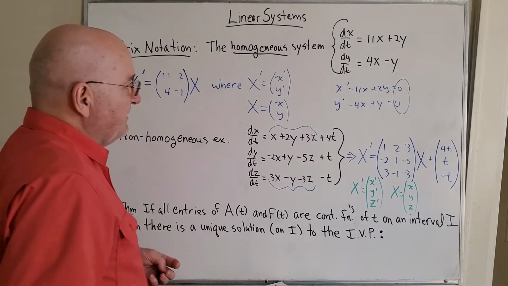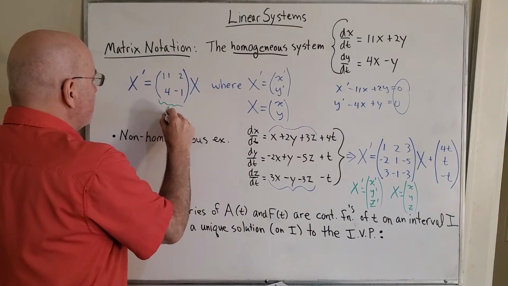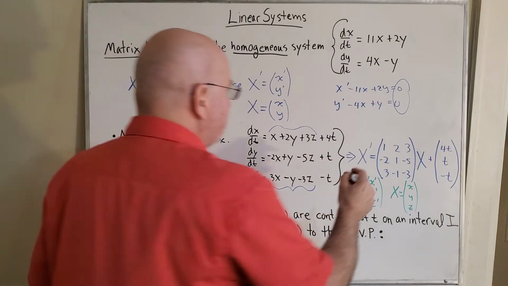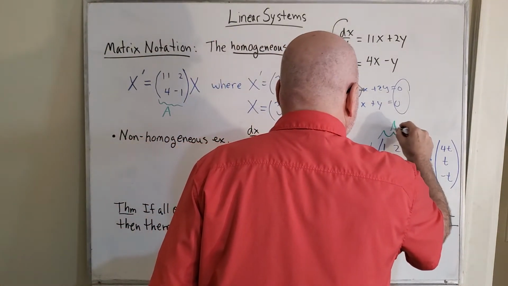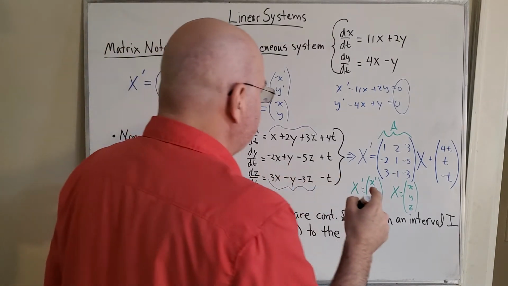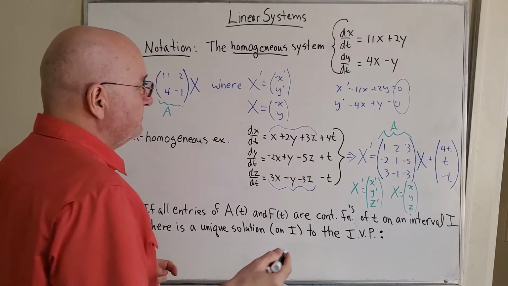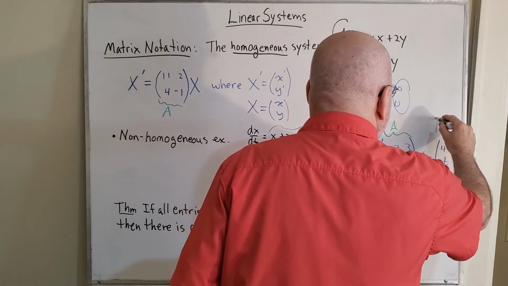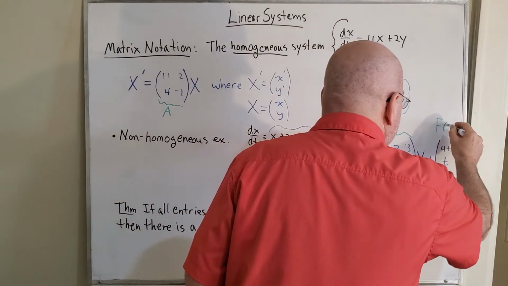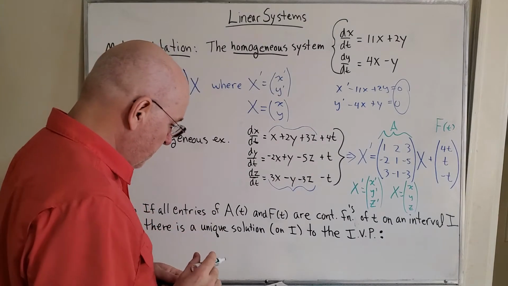And we almost always refer to the coefficient matrix as a capital A. We don't have to. So this would be capital A. And this one over here we might think of as capital F. And actually, if you want to, you could put f of t, because each one of the entries will be a function of t.